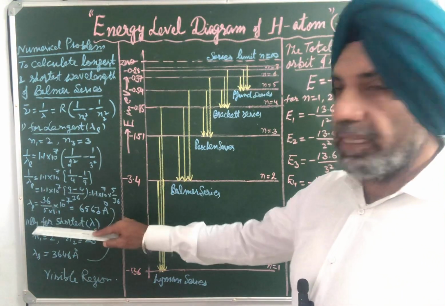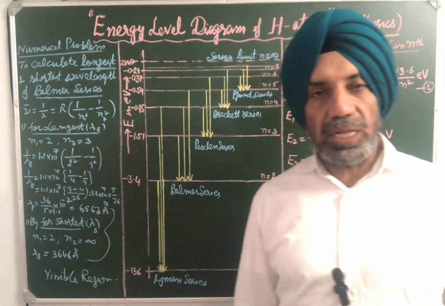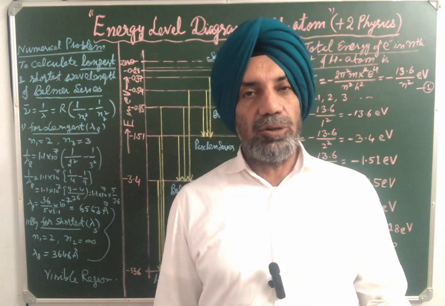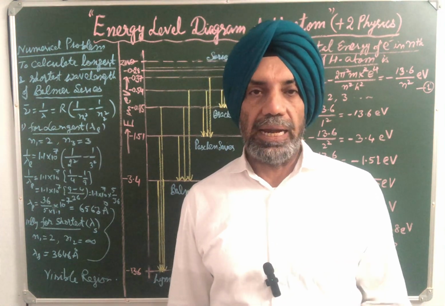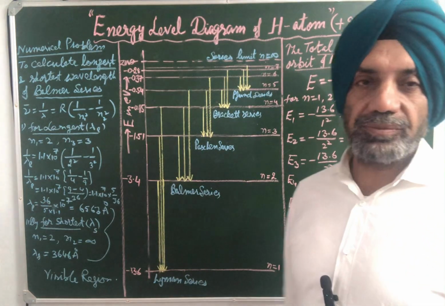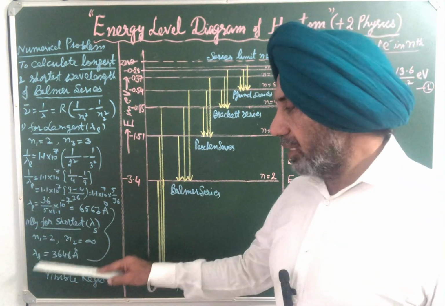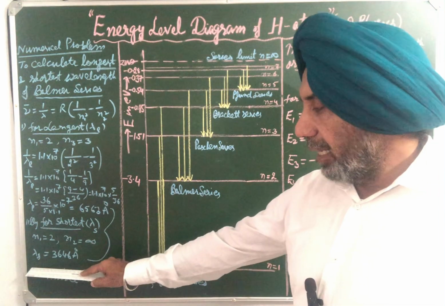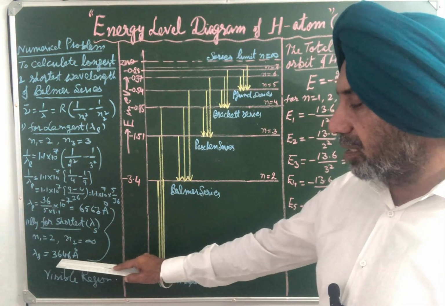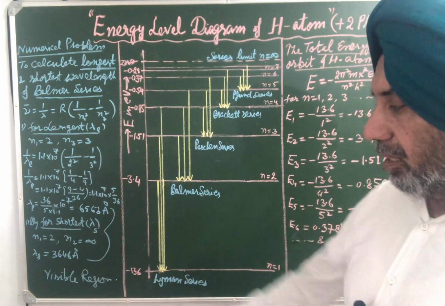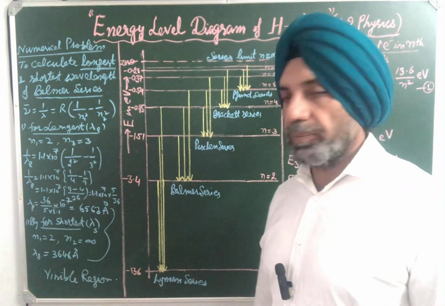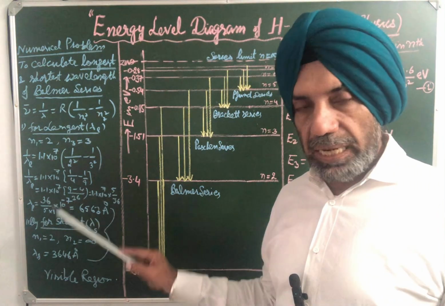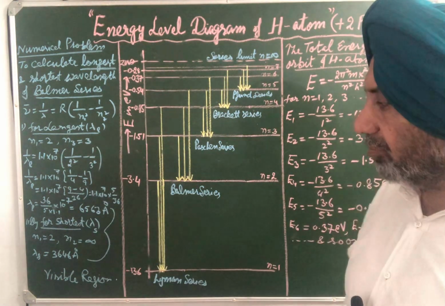Similarly, for shortest wavelength, when you have to find shortest wavelength of any spectral line, take n2 equal to infinity and n1 according to the series. For shortest wavelength, take n2 to infinity and n1 is equal to 2 if it is Balmer series. Then wavelength comes out to be 3646 angstrom. We can see from these which are the shortest and longest wavelengths.